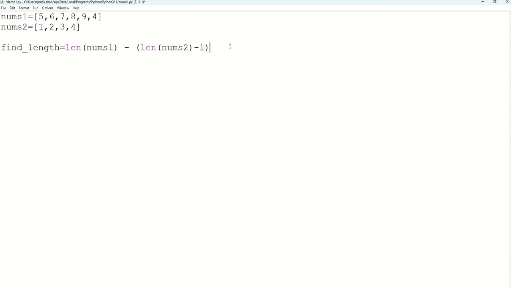So we are finding the length here. Length of nums1 is 6 because there are 6 numbers, and length of nums2 is 4, and 4 minus 1 is 3. So 6 minus 3 we will get 3, hashtag 3 as a comment.